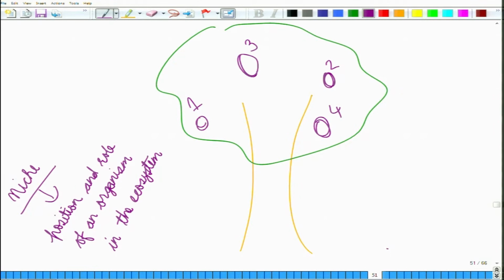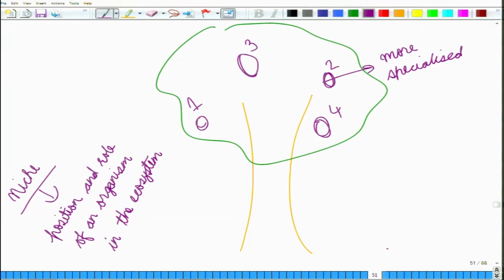When that happens, some of these birds will try to become more specialized. Now, what do we mean by more specialized? As we know, in the case of a tree, the fruit has the largest amount of nutrients. So that is the most edible part available in a tree.